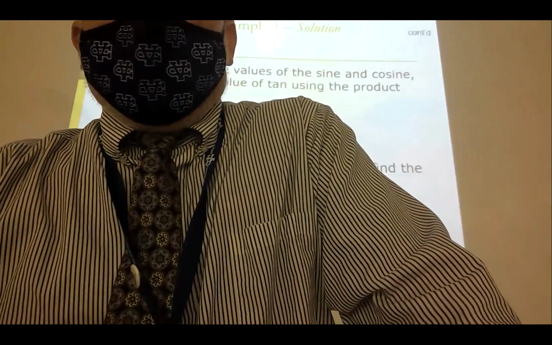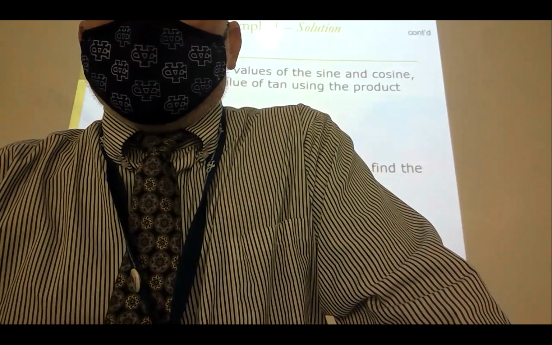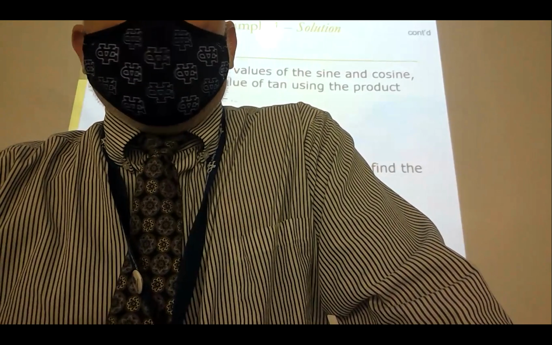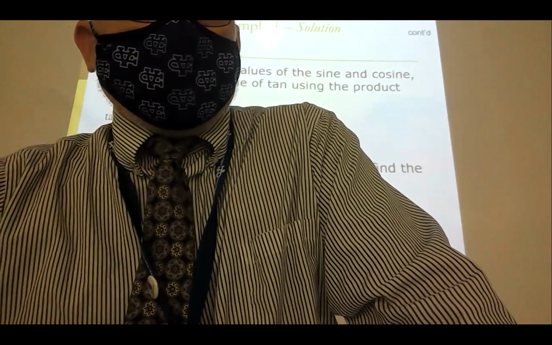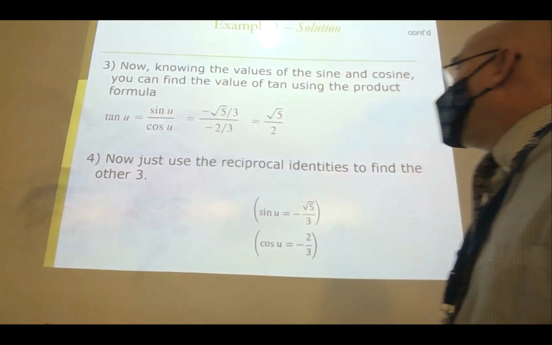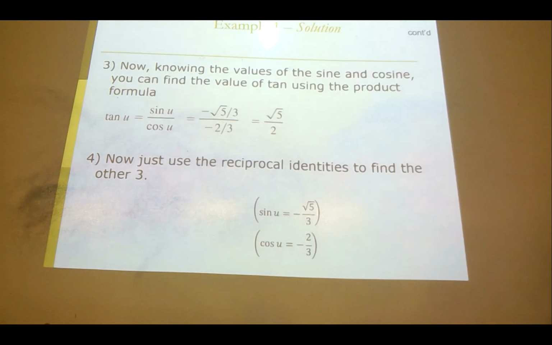And now that we know the values of sine and cosine, we can find the other ones here. So tangent is sine divided by cosine, using a quotient identity.